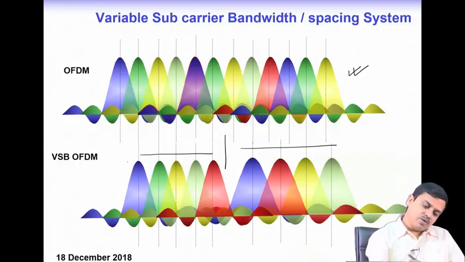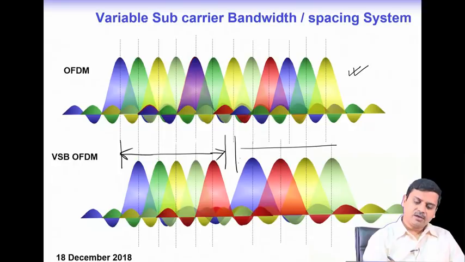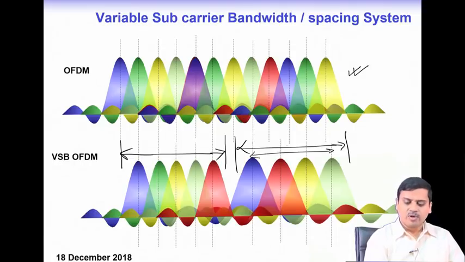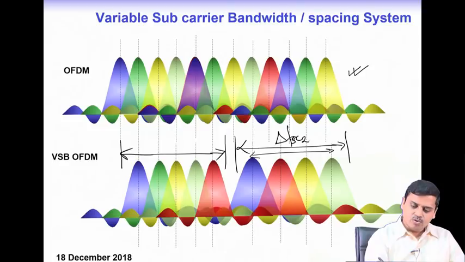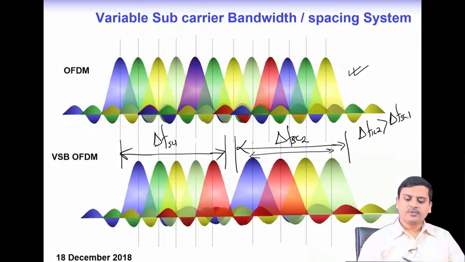In this case, we had a group of subcarriers which are next to each other, whereas in this case we have allocated a consecutive group of subcarriers which have a wider subcarrier spacing. Let us say this is delta f SC1, we have delta f SC2 greater than delta f SC1, right.